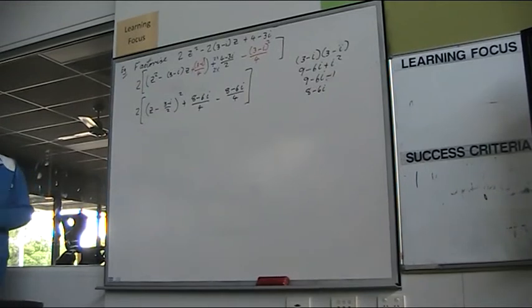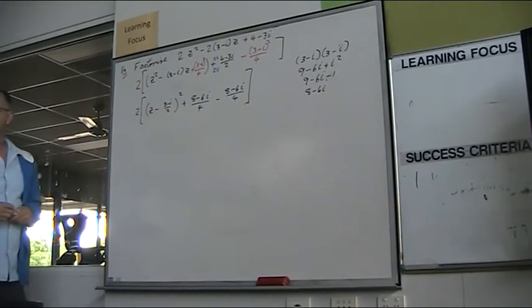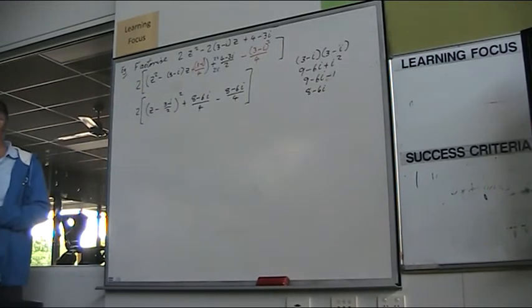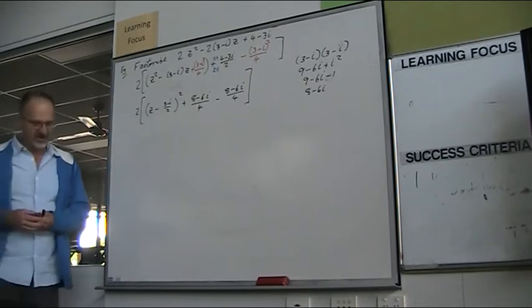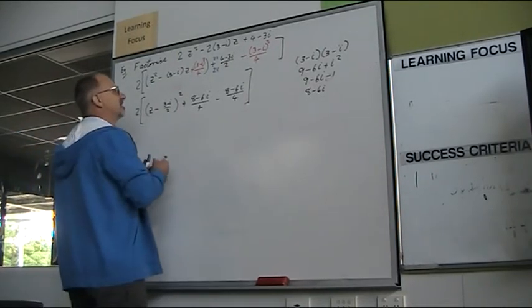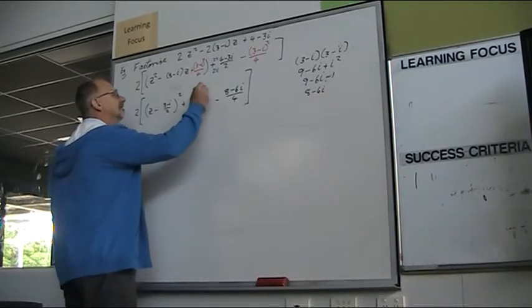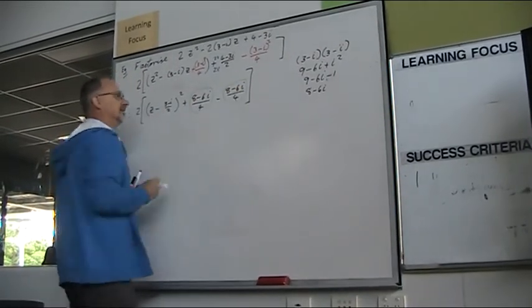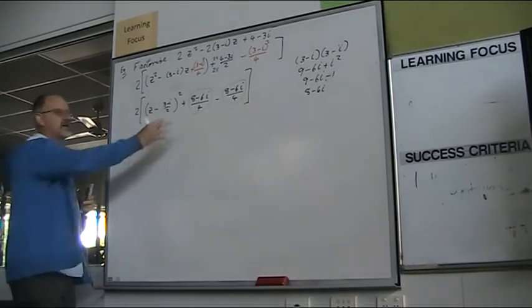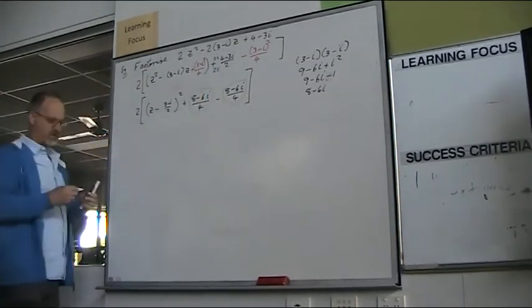Now what do you notice? Anything? Nobody notices anything? Oh, thank you. Yes, so now these two things here are the same, aren't they? So you've got plus that, minus that, so that's gone then, isn't it?